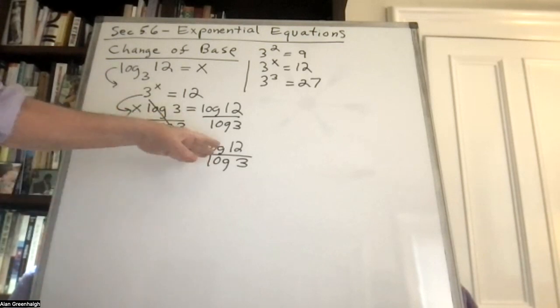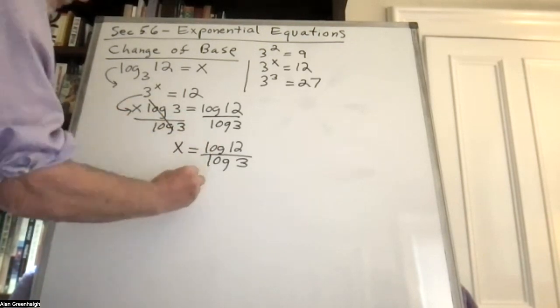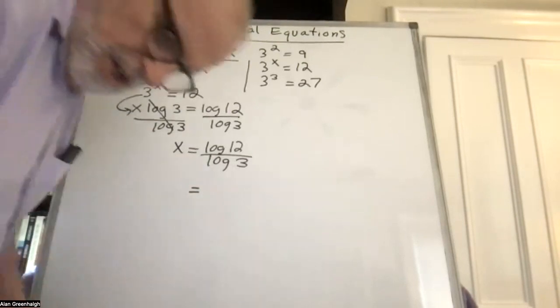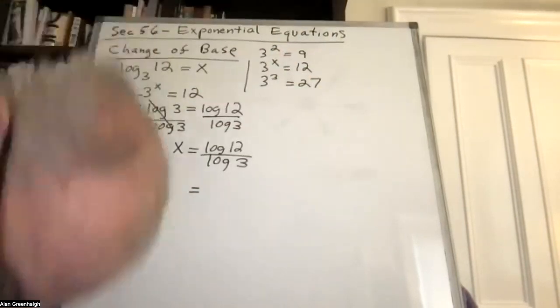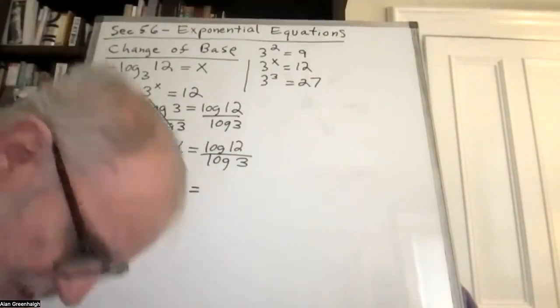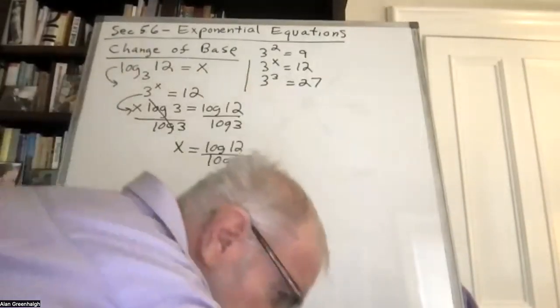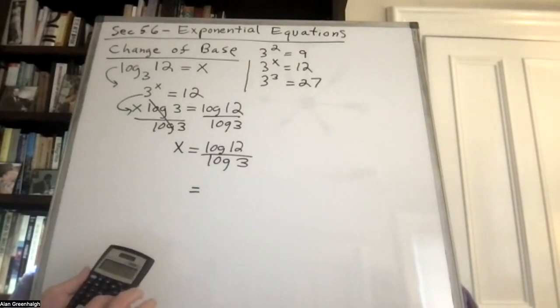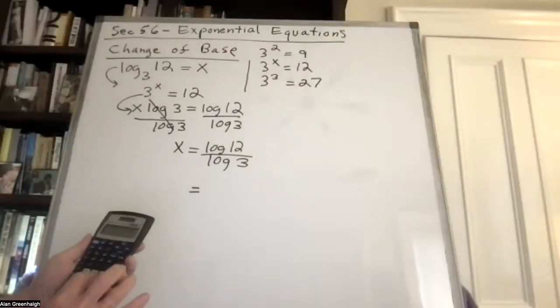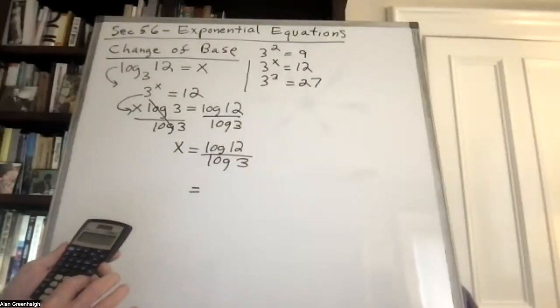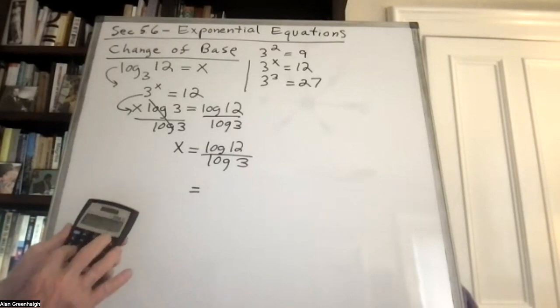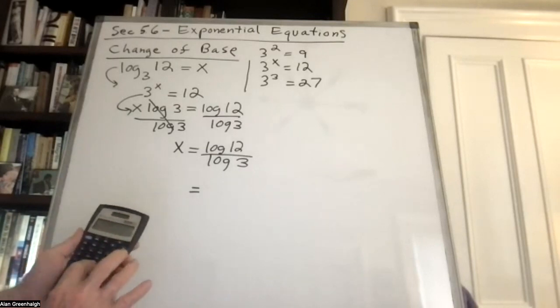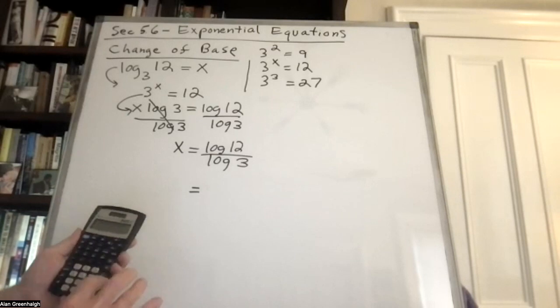Now, in this form, you definitely need a calculator for this particular problem. So you need a calculator, and this is the way you would do it. All right, so try to follow me, and I hope you have a calculator handy. So you would take the log.